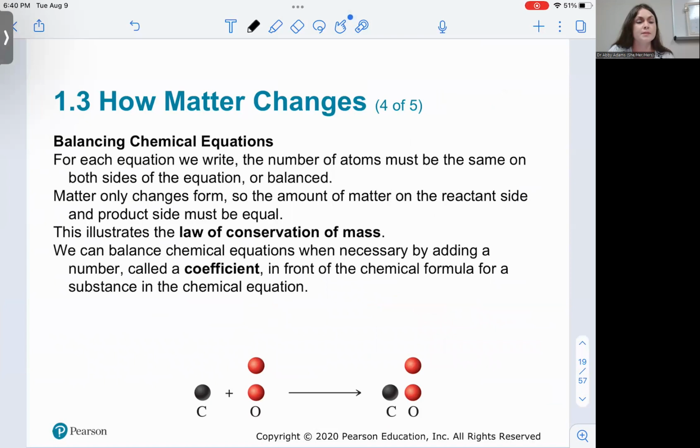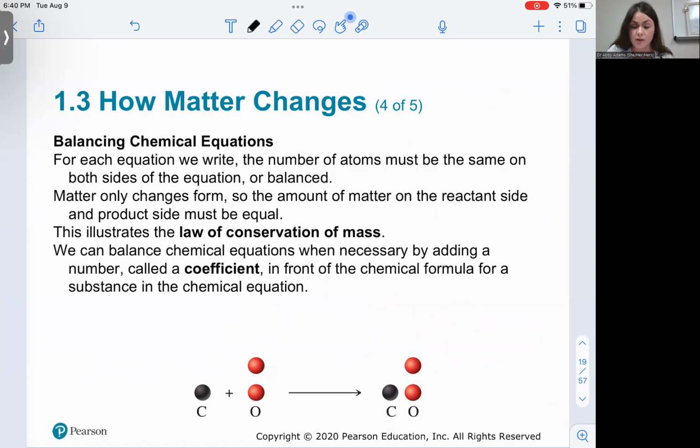And so what is something really important about chemical equations is the fact that you have to balance them. Because why do you have to balance them? You have to balance them because of this thing that exists called the law of conservation of mass, meaning that matter only changes form.